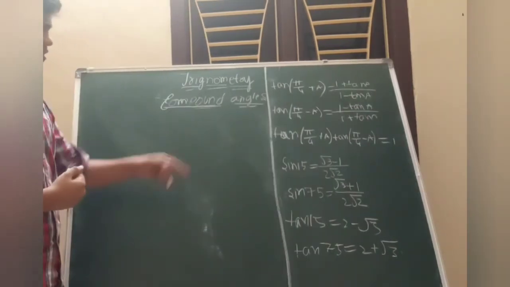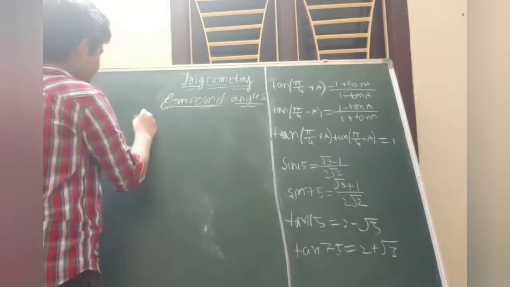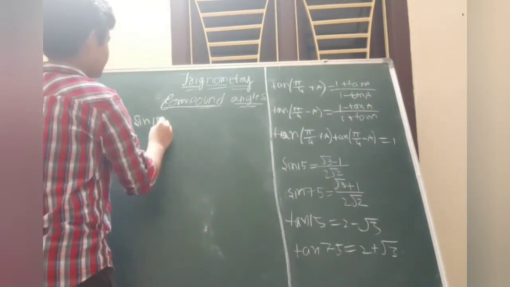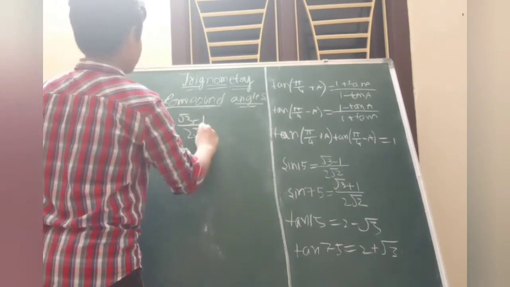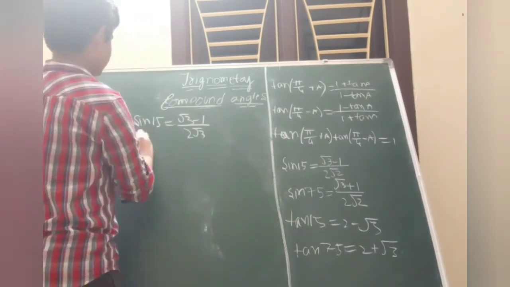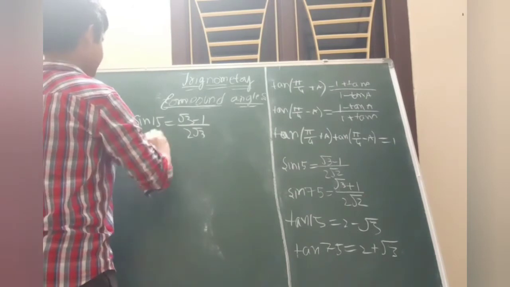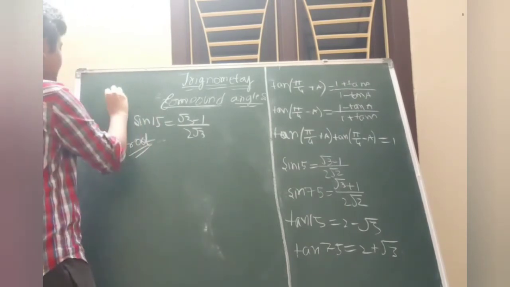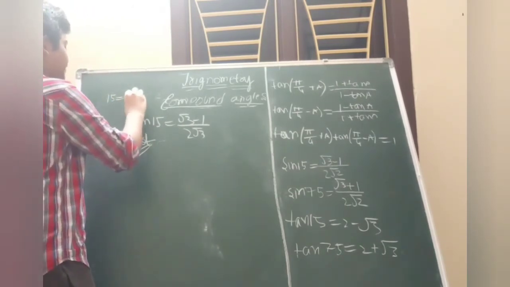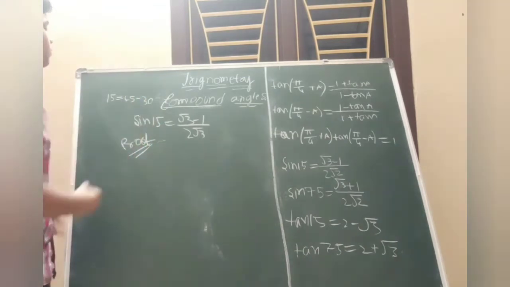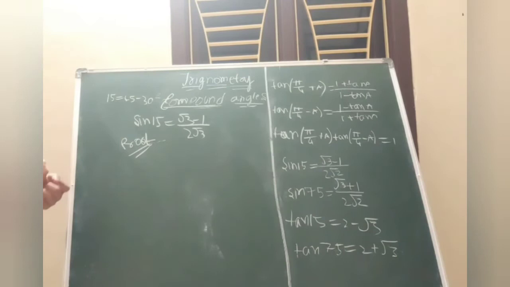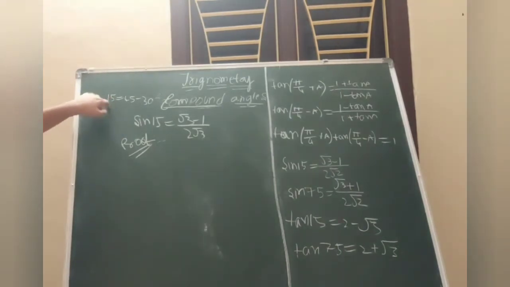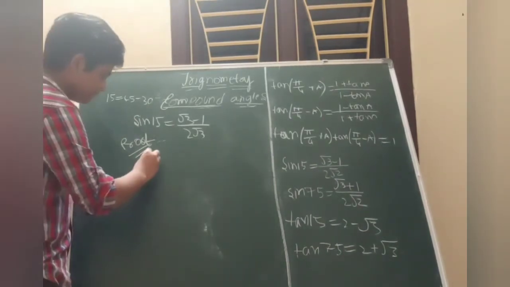Now let us discuss the proof of sin 15 is equal to root 3 minus 1 by 2 root 2. For this I am supposing 15 as 45 minus 30. Since we know the values of sin 45 and sin 30, I am splitting 15 as 45 minus 30.